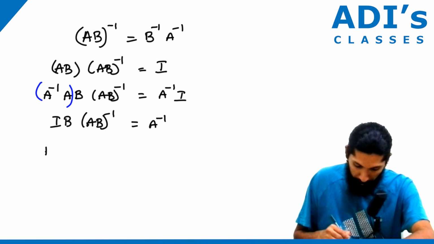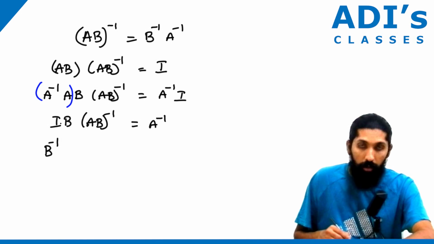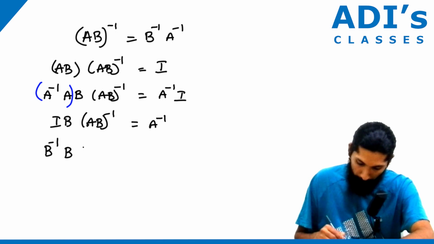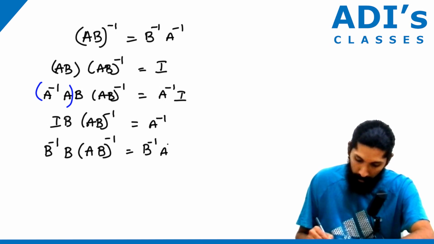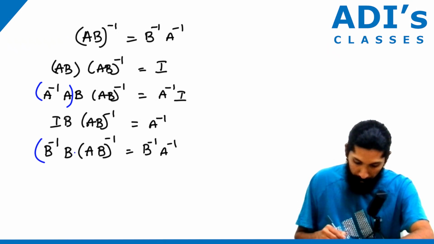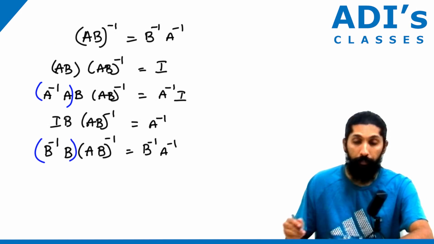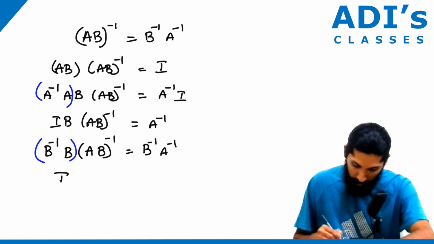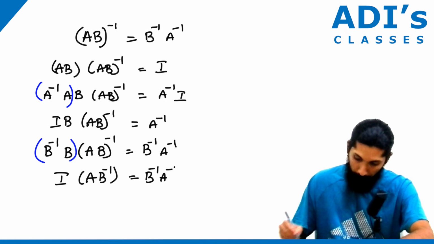So B inverse into B into (AB) whole inverse is equal to B inverse into A inverse. Again, grouping it, you can take B inverse into B together. This gives you I into (AB) whole inverse is equal to B inverse into A inverse.